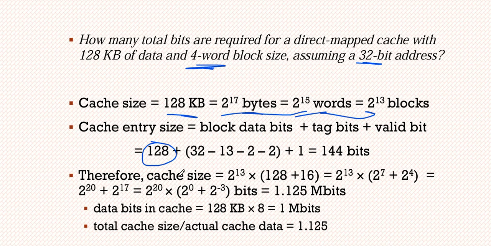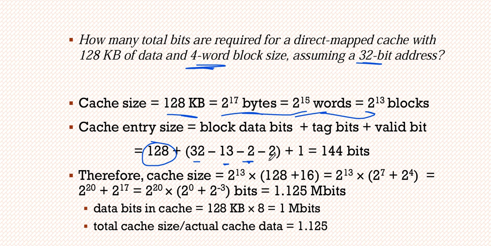Now, what will be the tag bit? The total number of bits in an address is 32 bits, right? Because you have 13 blocks, you'll be using 13 bits for the index. Fine, we understand. You will not use 2 bits for the byte offset, right?